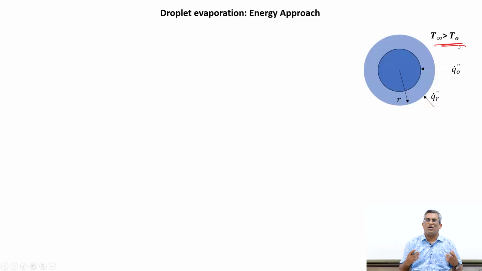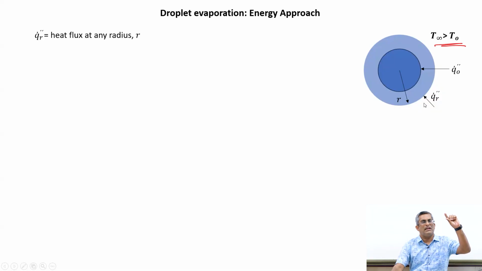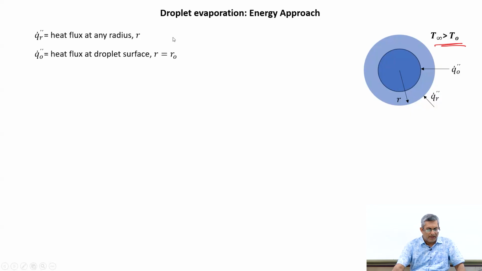So in this case what happens is that heat is transferred into the droplet from the surroundings. Okay, so now we can define the heat flux as Q_r at any radius r. This is similar to the vapor mass flux which we derived. The analysis is quite analogous, as you will see, and Q naught is the heat flux at the droplet surface.